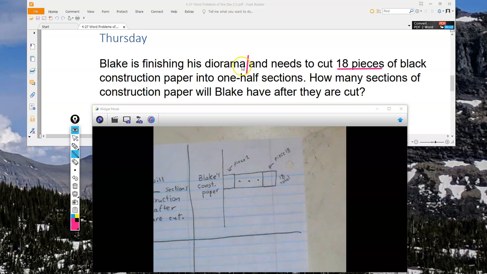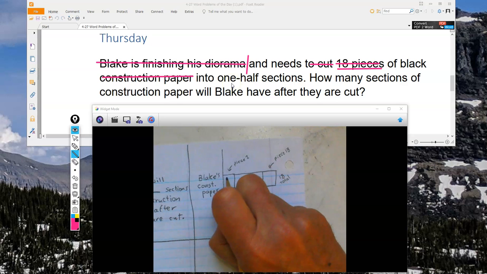Blake is finishing his diorama. I'm going to stop right there and cross it out because I've already got Blake. I really don't need diorama. And needs to cut 18 pieces of black construction paper into 1/2 sections. Looks like I've already got the number 18 done. I already used construction paper. Now there's that cutting, and he's cutting it into 1/2 sections. So I'm going to cut each one of the pieces into 1/2 sections.